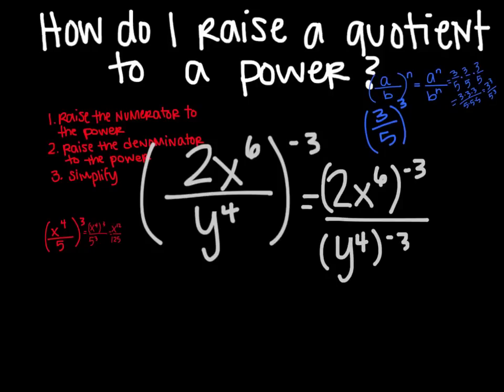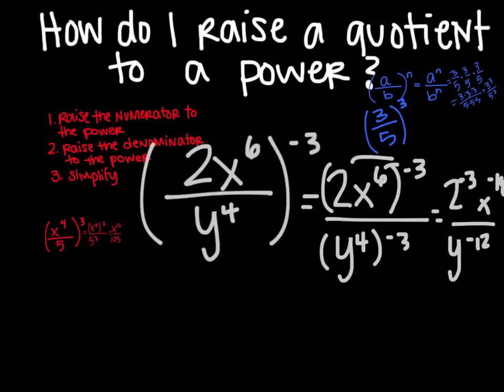And then you're just going chunk by chunk. So I'm going to distribute it out here just like I normally would. So I now have 2 to the negative 3rd, and then x to the negative 18th over y to the negative 12th.